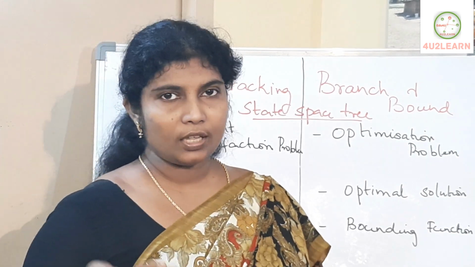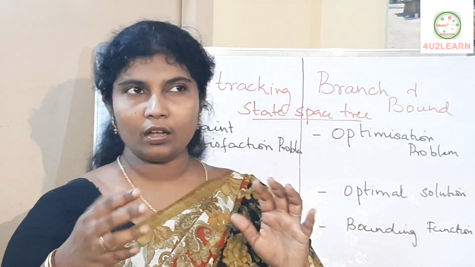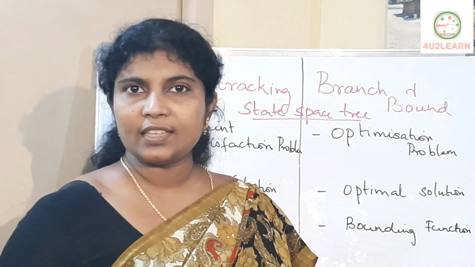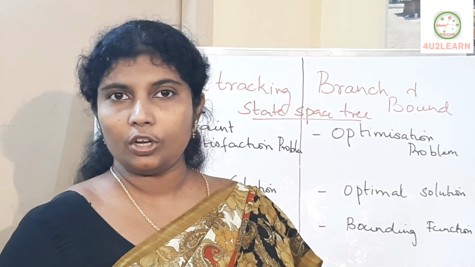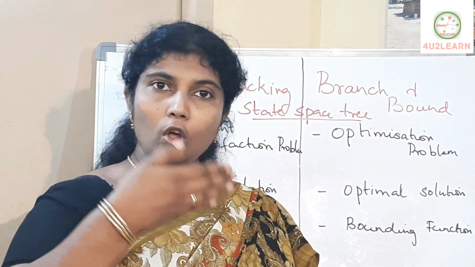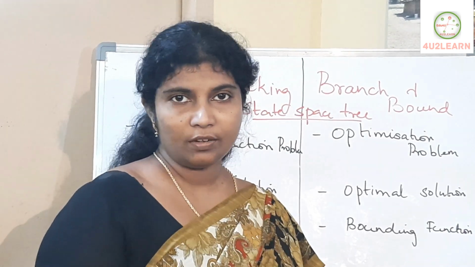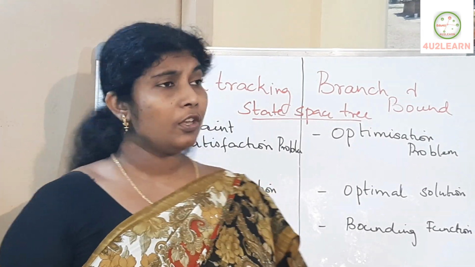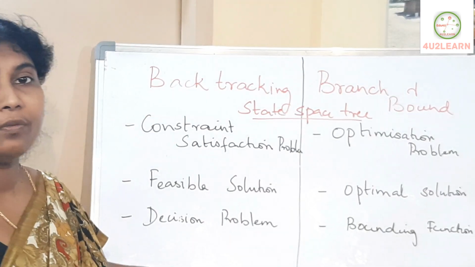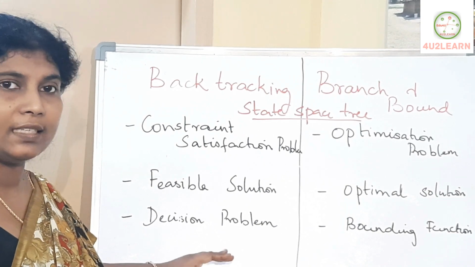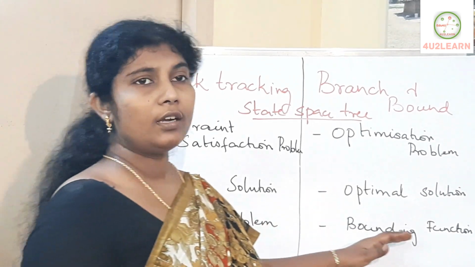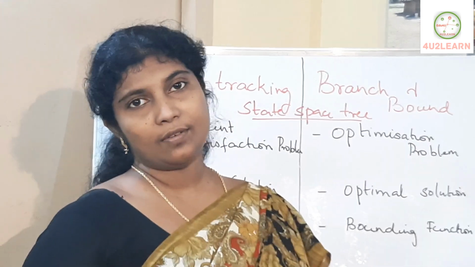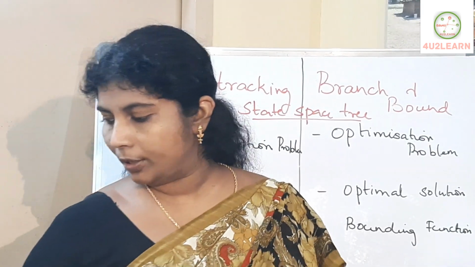If we find in some path that this is not going to be the exact route by which the solution is obtained, then we move on to the previous step and take a different path in order to arrive at the solution. Here the traversal uses depth first search, whereas in branch and bound, DFS as well as BFS can be deployed.